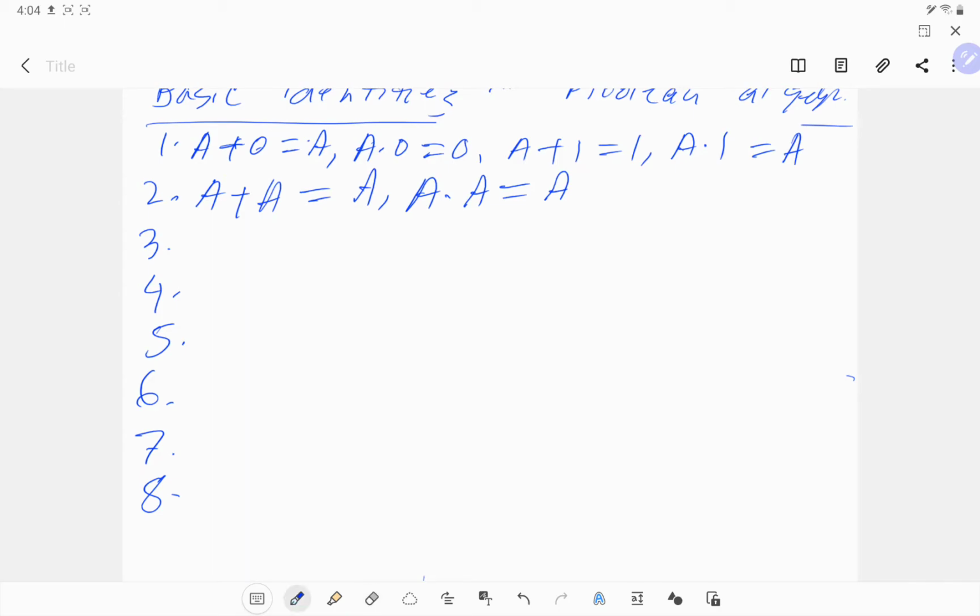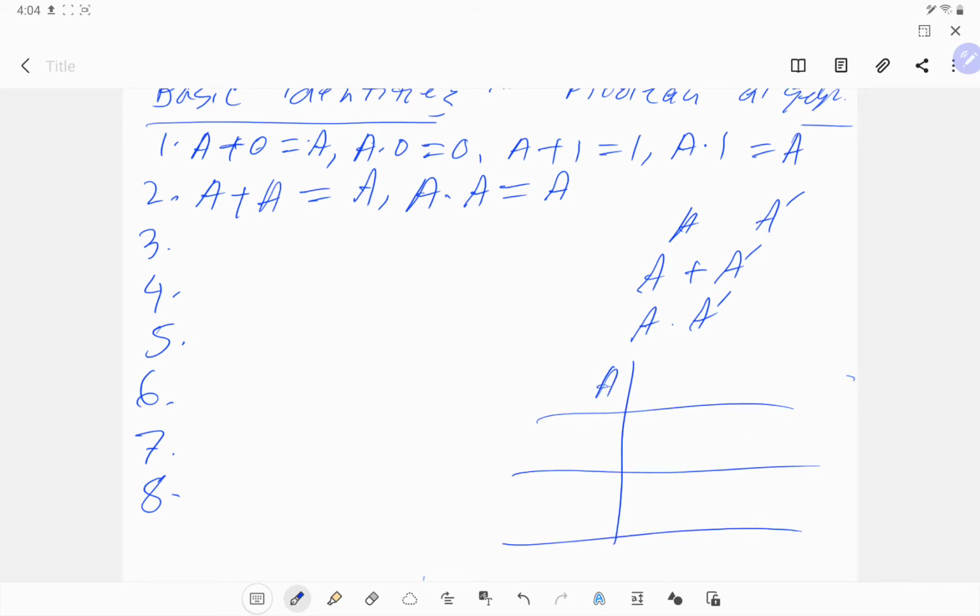Now the next identity is between a variable and its complement. So now if A is a variable and A prime is its complement, then we want to know A plus A prime and A times A prime. What are these? Okay, so now if we have A, it can be 0, 1. Let's try to find A prime. A prime is 1, 0.